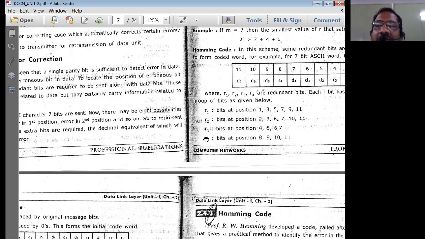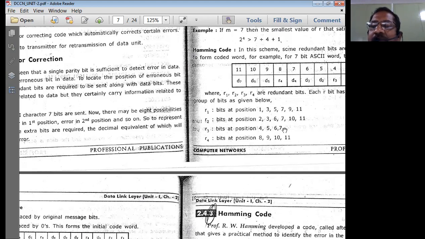Similarly, R3 bit positions. We start with 4 here, because we now have the 1, 2, 4, 8 code. So here 4 means we write 4 bits in sequence, then we give a gap of 4. That means 4, 5, 6, 7. Then we give a gap of 8, 9, 10, 11.